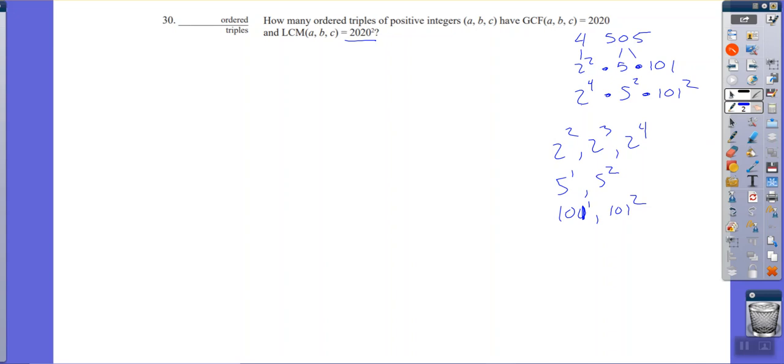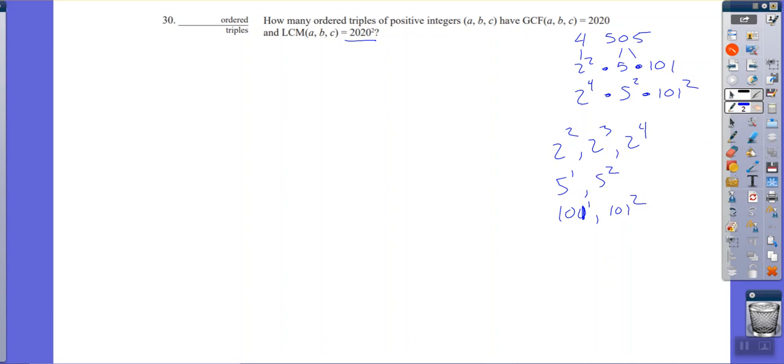Next, the next thing we need to worry about. All right, so let's take a look at what we're looking at. So we have 3 letters. We have A, B, and C. So that means we have 3 different positions that we can put things in. So we're going to be looking at a lot of triples here.